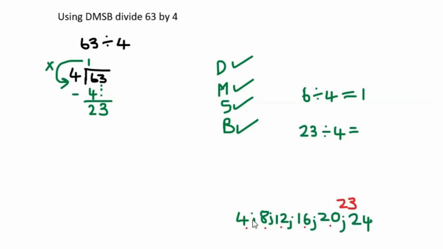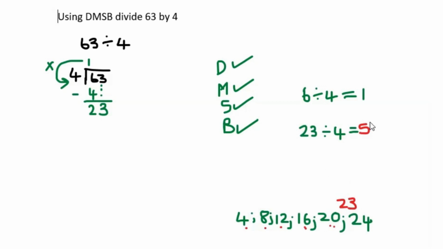So 4 goes into 23 how many times? 5 times. So 5 is our coefficient, right? But we don't really focus on the remainder at this point. In order to get the remainder, you simply subtract 20 from 23.